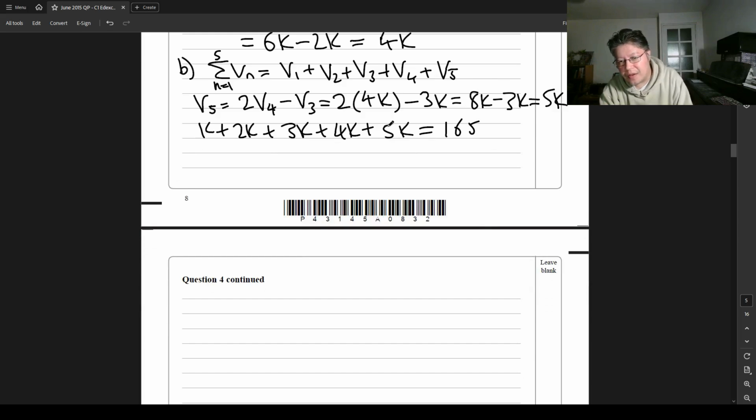So 5 plus 4 is 9, plus 3 is 12, plus 2 is 14, and plus 1 is 15. So we get 15k is 165. Therefore, k should be 165 divided by 15, which equals 11. And that's done.